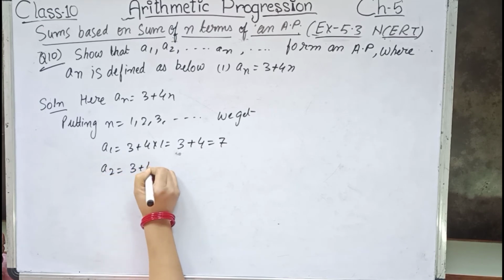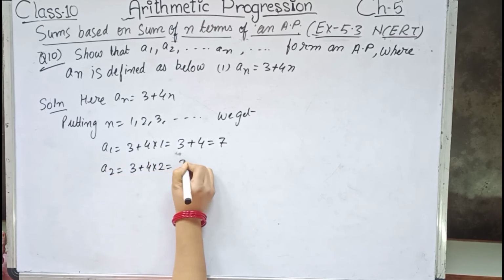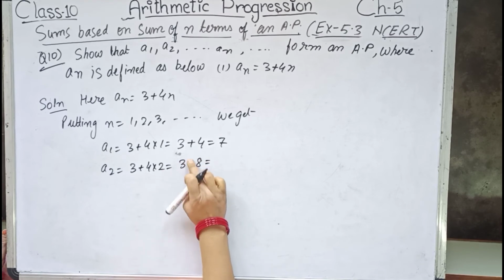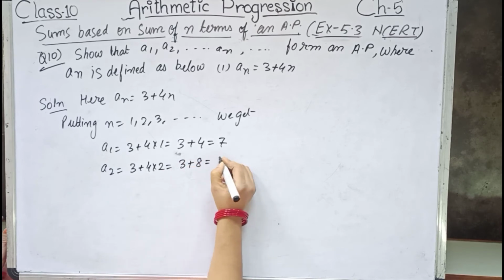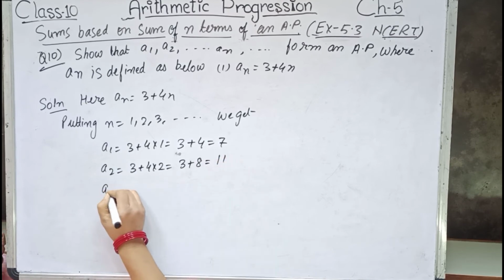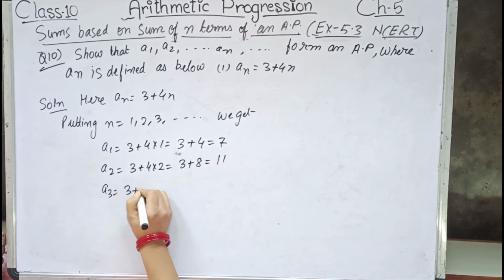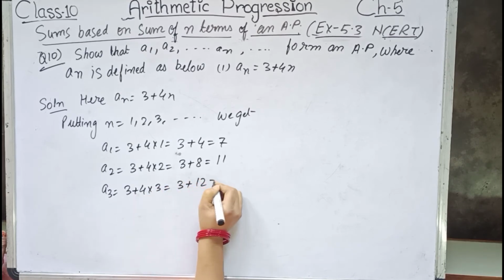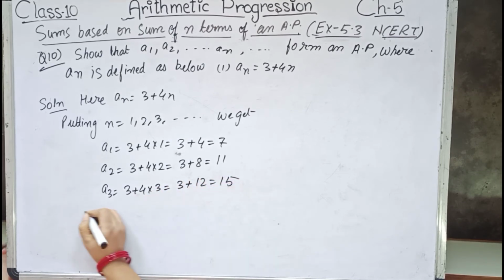A2 equals 3 plus 4 into 2 equals 3 plus 8 equals 11. A3 equals 3 plus 4 into 3 equals 3 plus 12 equals 15.